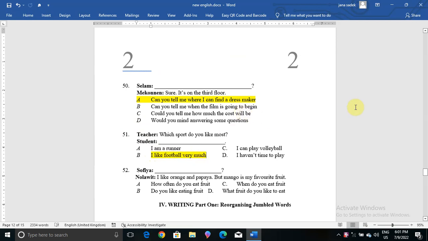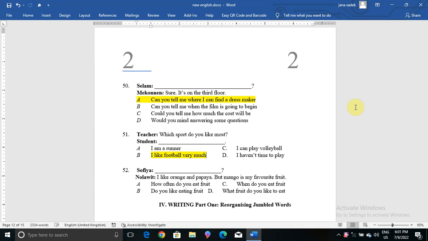Now, question number 52. Sophia asked a question and the other person gave Sophia this answer, which is, I like orange and papaya, but mango is my favorite fruit. Now he said something in contrast, right?